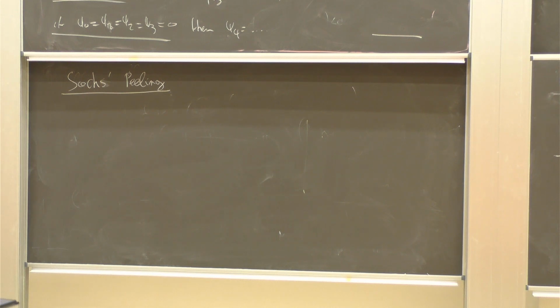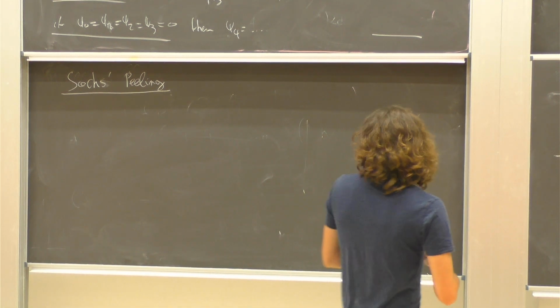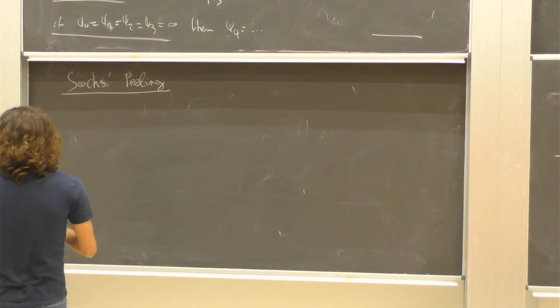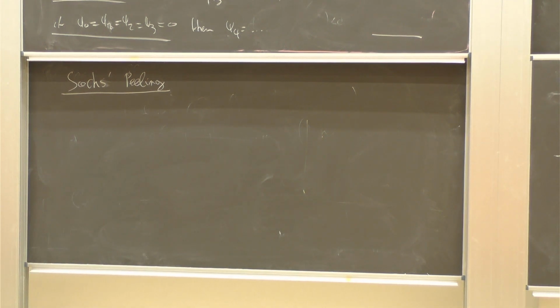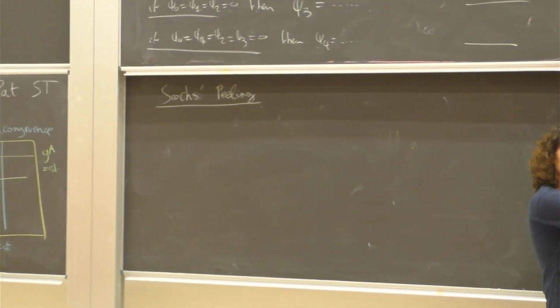So Sachs had this idea. These people had this idea that, first of all, maybe you can think of gravitational radiation as being related to the behavior of the Weil tensor. And Sachs had this idea that one way of thinking of gravitational radiation should be you follow a null geodesic congruence like this, you go along the null geodesic congruence, and you try to see how these components behave as you go along it.